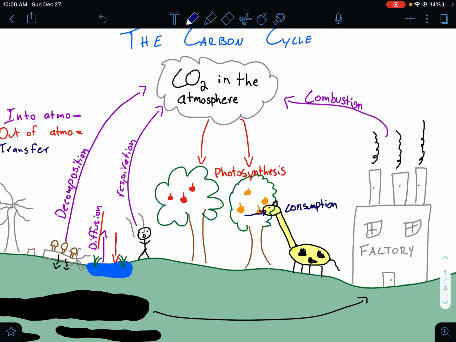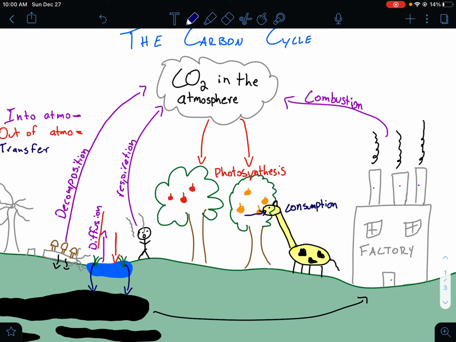And then finally, we have one more that we need to talk about, and that is the fossil fuel formation. We're going to take our blue arrow and put it down here where those plants are chilling out in that water. Those plants are alive, and then over time they die and they start to stack up.